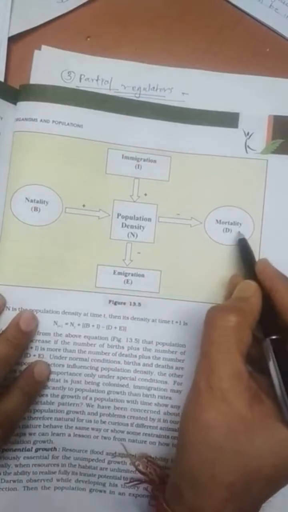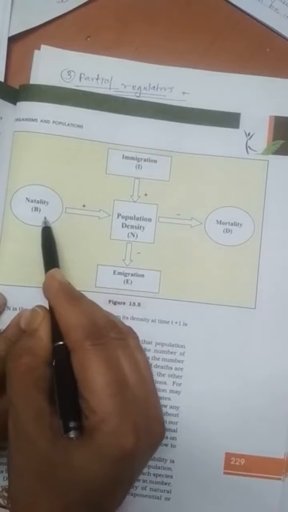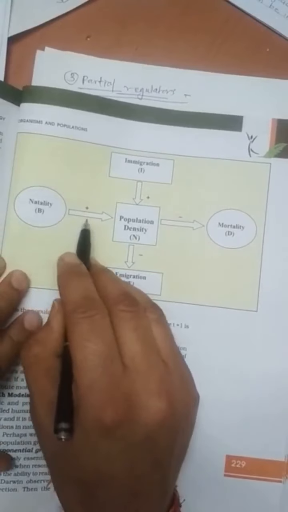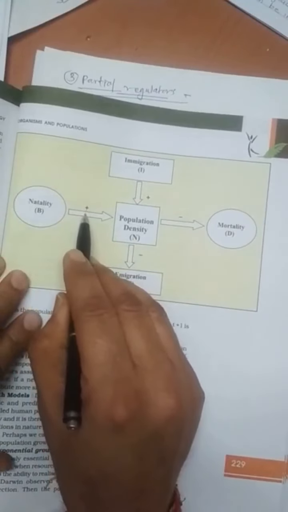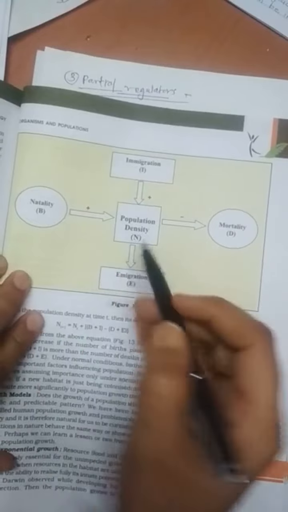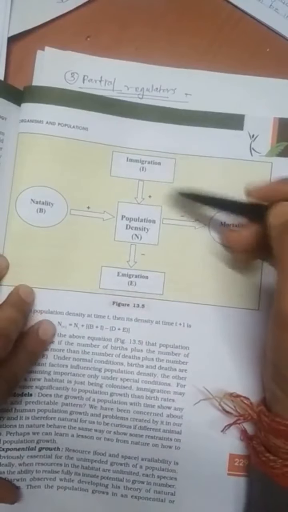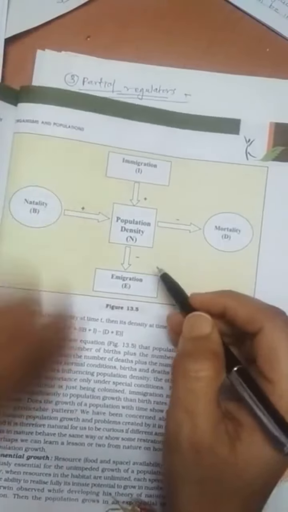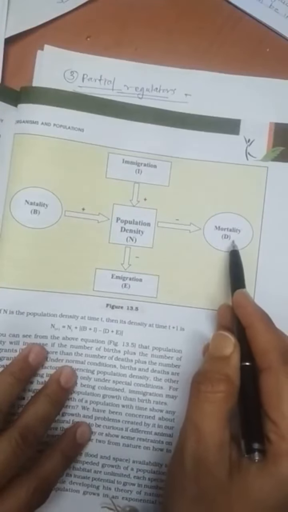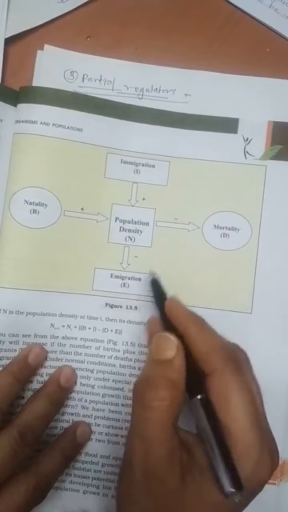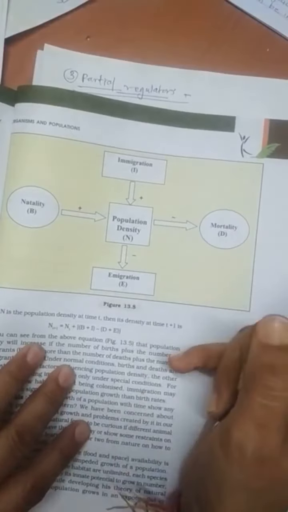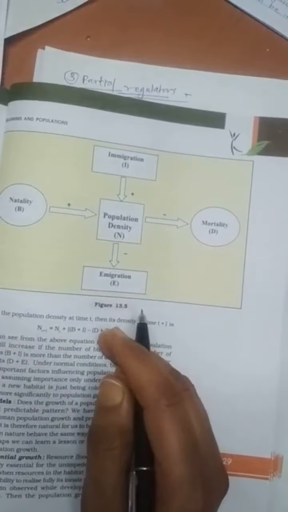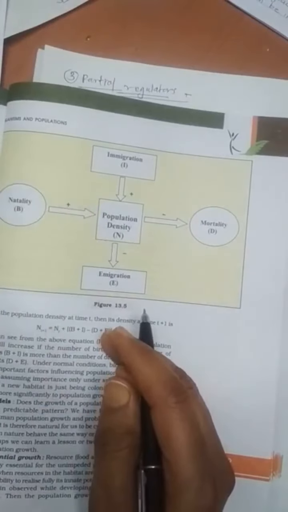This is mortality rate, and this one is natality or birth rate. Birth rate is added to the population density. Immigration also adds organisms to the population, and these two, mortality and emigration, subtract from the population density.